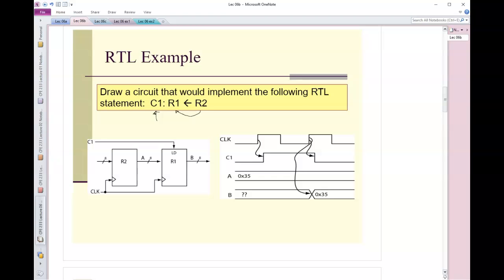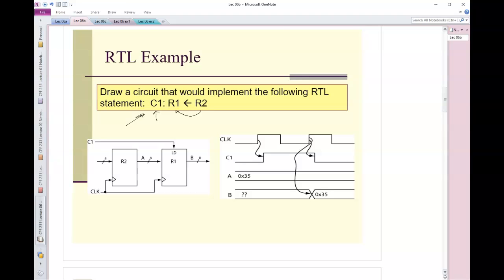So typically that loading is going to happen when C1 is asserted and a clock edge comes around. Now this RTL never puts a clock in there. Everything's understood to be synchronous. If it's not synchronous, it's quite hard to represent in RTL.